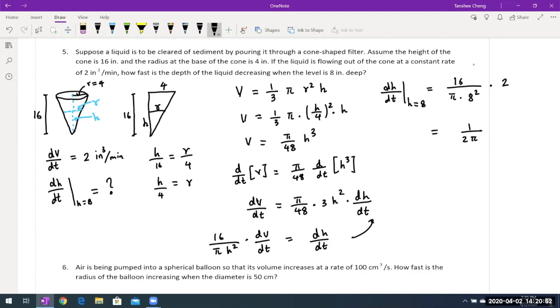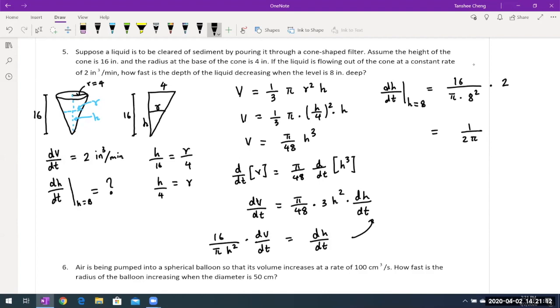In this case, even though I don't have a negative sign right there, we know that the rate of change in the volume is the liquid flowing out. Therefore, the depth of the liquid is also decreasing.